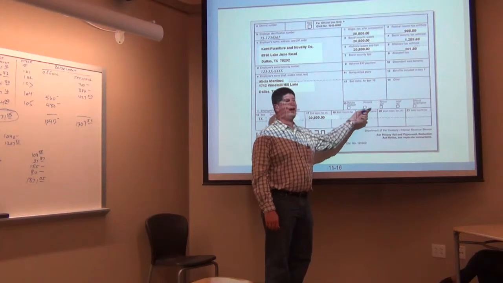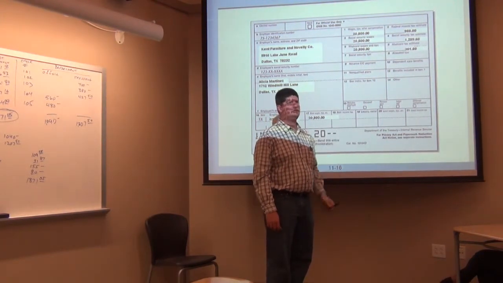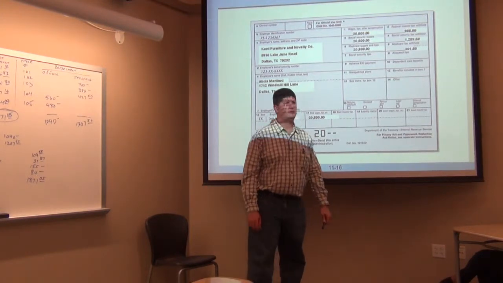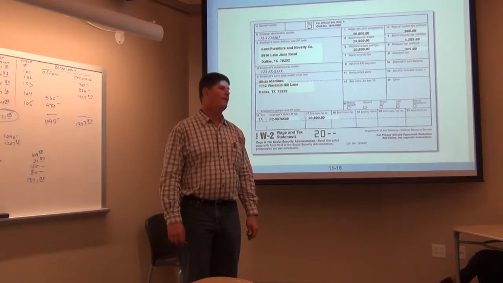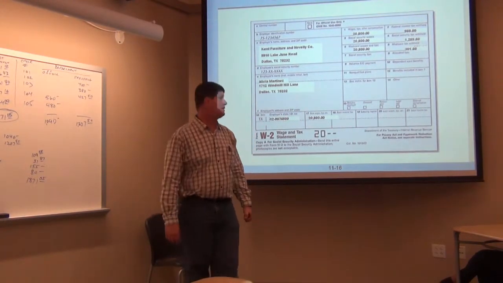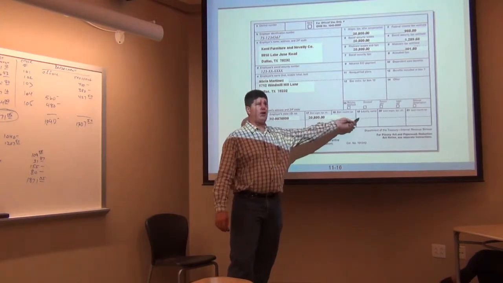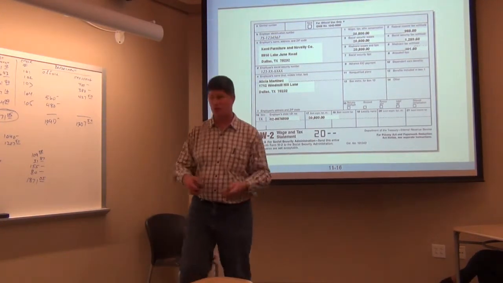And this is set up for that. So it would say New York City and the wages and how much was withheld. So that's kind of like the same as a state tax? It is the same as a state tax. It's just the city's charging one also. The state's charging and the city's charging.